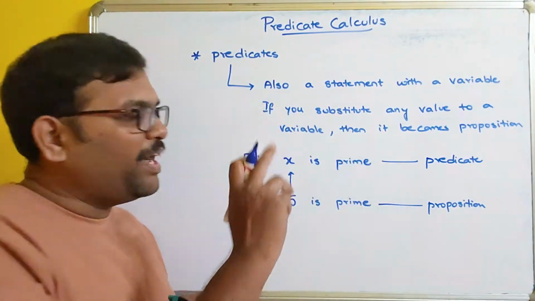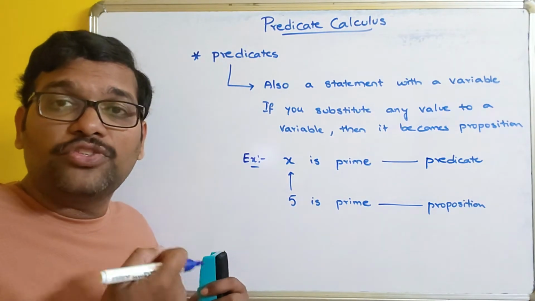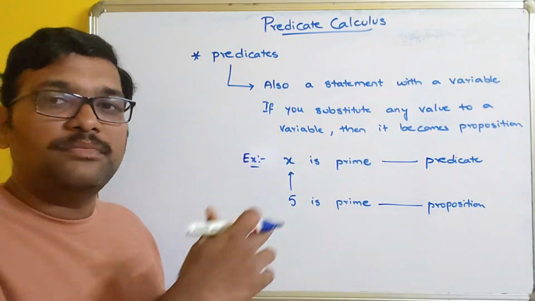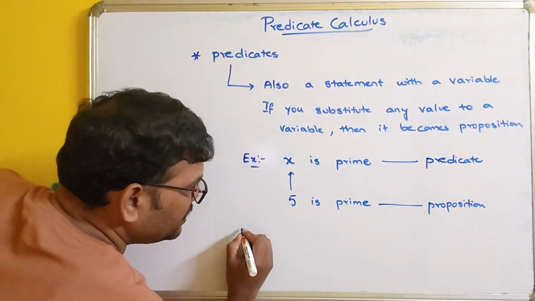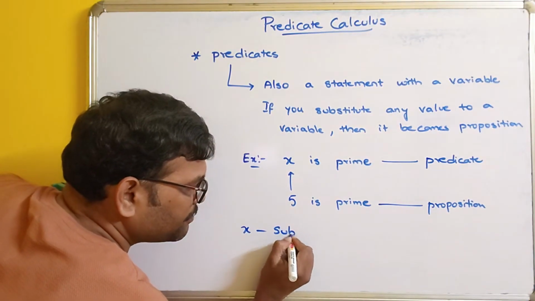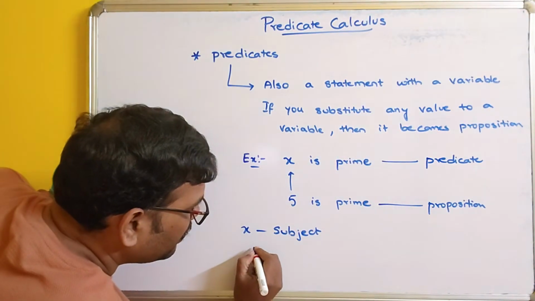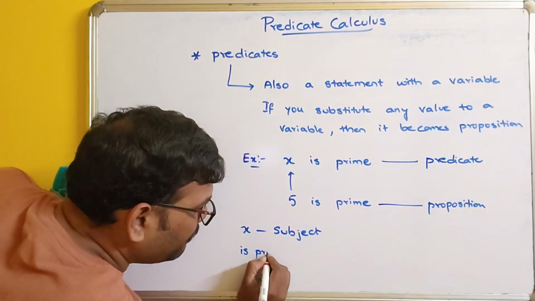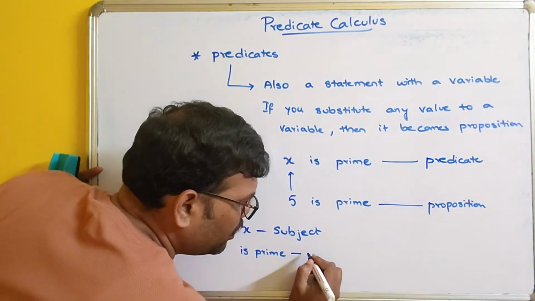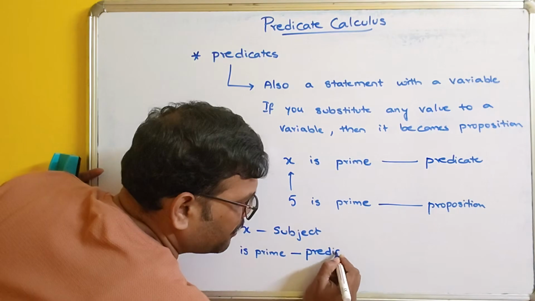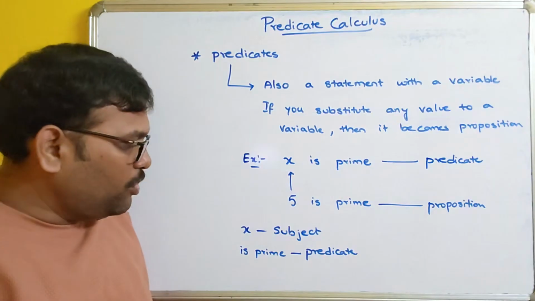But in a predicate, instead of giving the value directly, we take some variable, so that based on the value it becomes a proposition. So x is prime. Now see, this x is called the subject, where we substitute values, and the remaining part, is prime or any other sentence other than the subject, we call the predicate. So x is a subject.